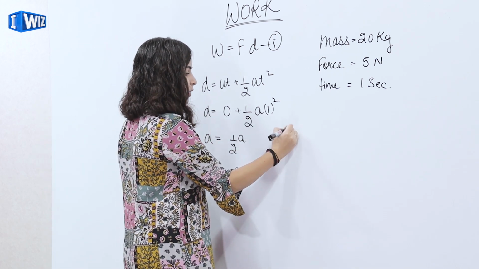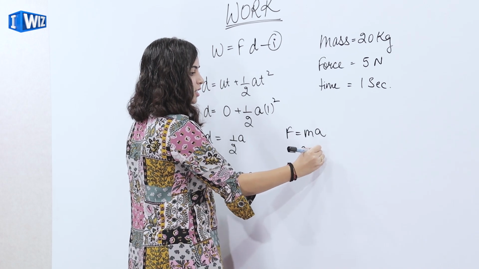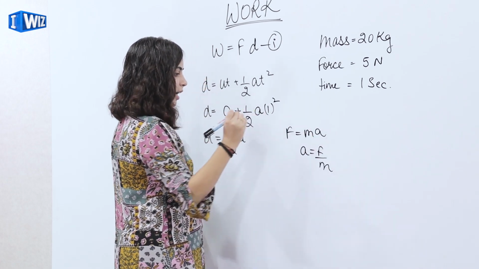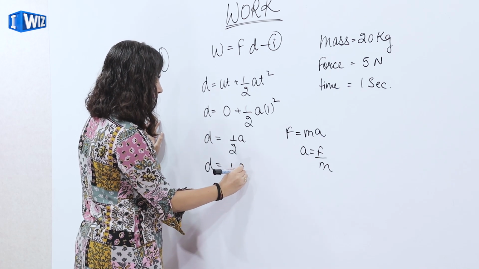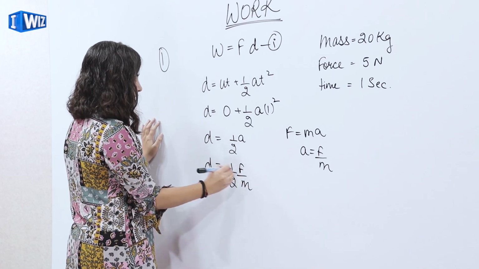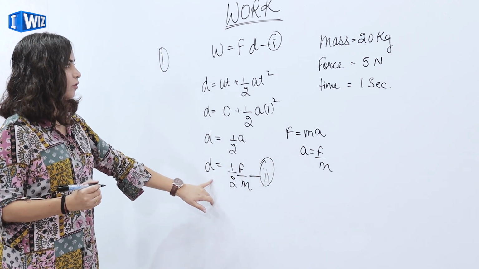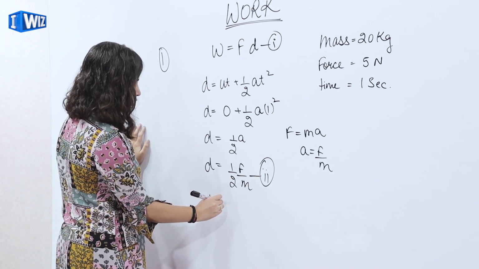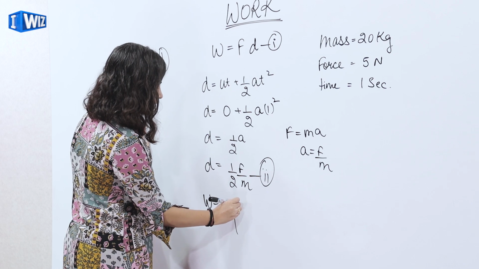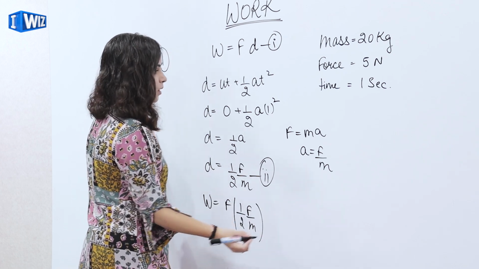Now we know force is equal to mass into acceleration. Therefore acceleration is F upon m. Therefore distance is equal to half F upon m, say equation 2. Substituting the value of d into 1, we'll get work done is equal to force into half F upon m.